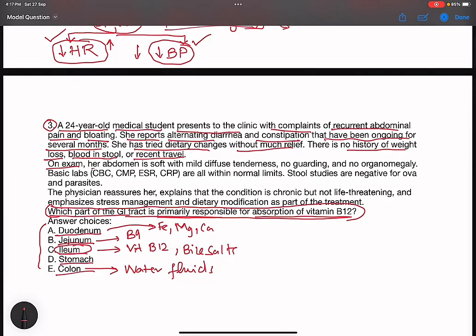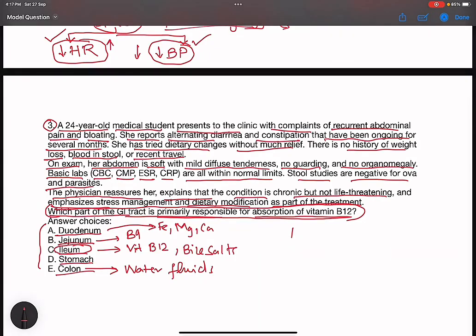On exam, her abdomen is soft with mild diffuse tenderness, no guarding, and no organomegaly. Basic labs CBC, CMP, ESR, and CRP are all within normal limits. Stool studies are negative for ova and parasites. The physician reassures her, explains that the condition is chronic but not life-threatening, and emphasizes stress management and dietary modification as part of the treatment.